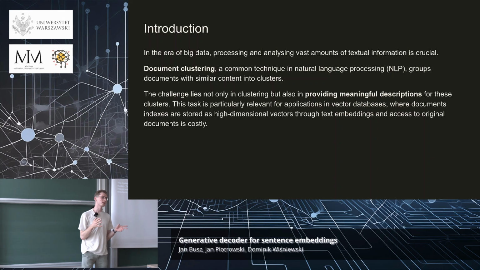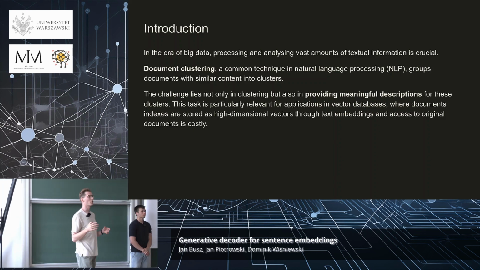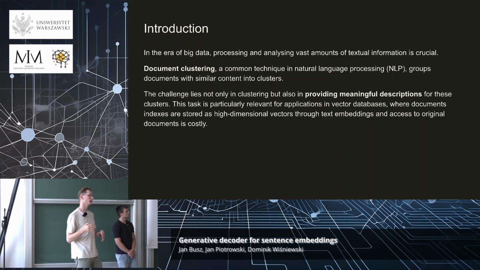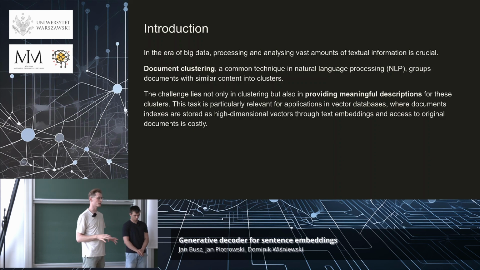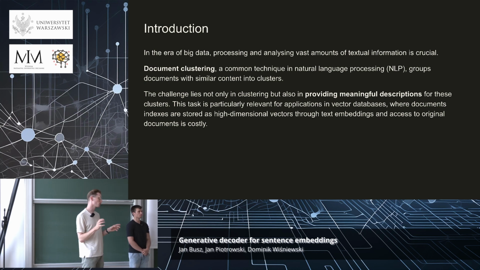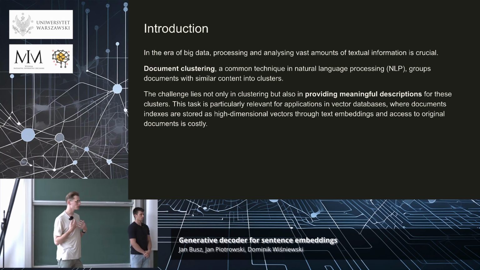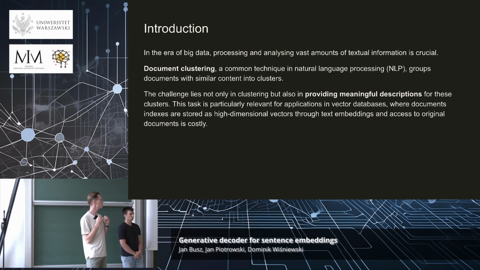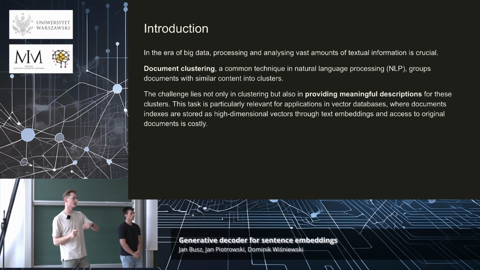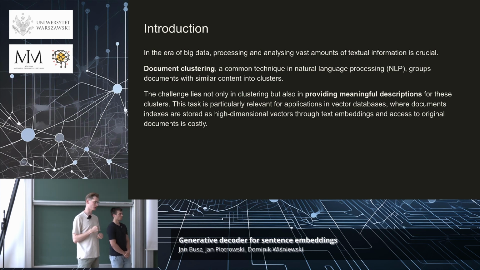I expect that everybody in the audience knows about text embeddings, their role in today's big data, vector databases and everything. But the problem at QA is that they have a lot of encoded documents, and they would really like to summarize the clusters they define, but without accessing the whole documents from the database.